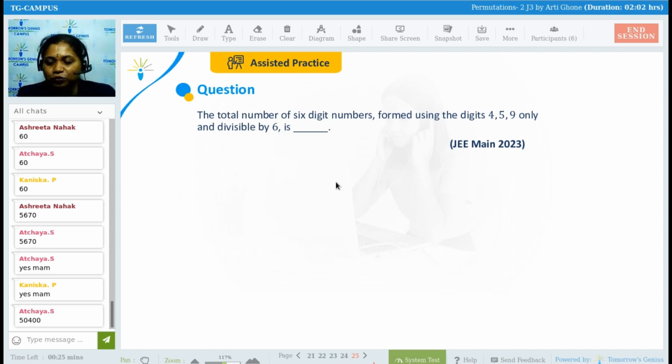Yes or no? So what to do? And even in that, the divisibility by 6 is to be checked. What is the divisibility of 6? Divisibility tests are very important in permutations.